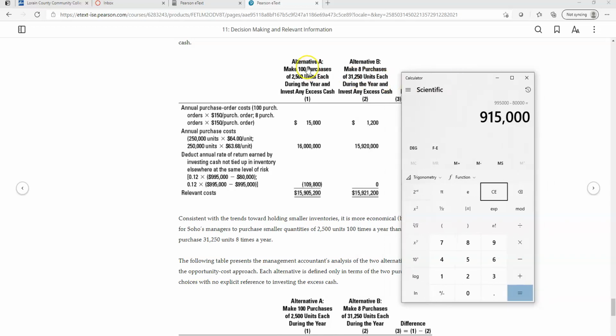What if I choose alternative A, spend a lot less per purchase order, and then take that $915,000 on an annual basis and invest that at 12%? Well, if I invest that at 12%, then I'm actually gaining an additional $109,800 worth of additional cash, additional revenue, additional cash flow coming in.